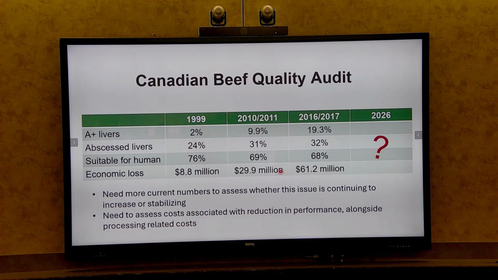Another important thing that this audit showed was that compared to 1999, the number of abscesses that we were seeing and the number of severe abscesses has increased quite substantially.